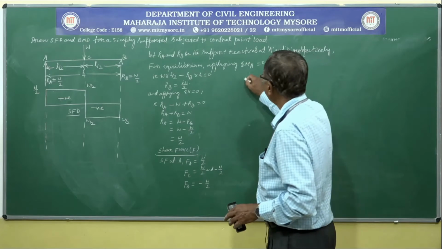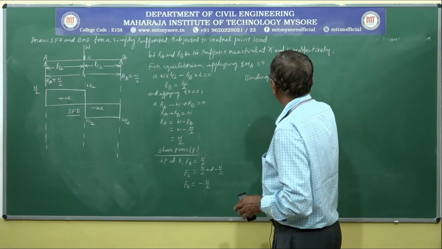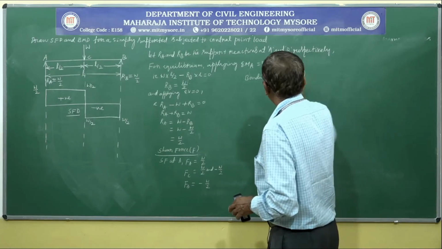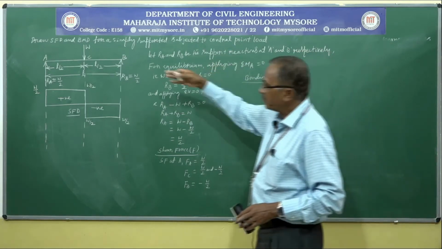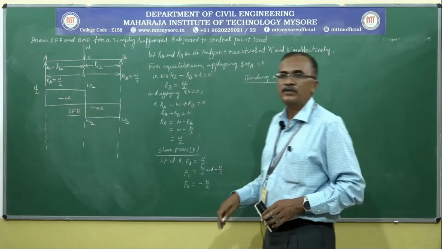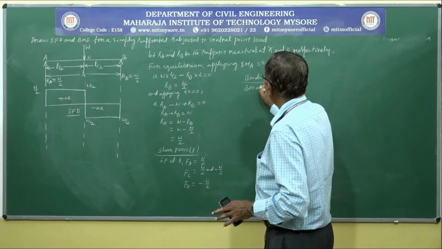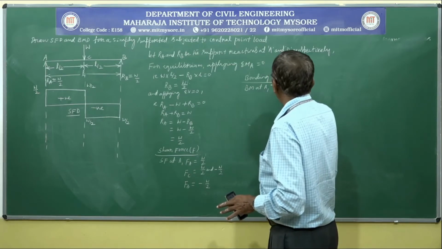Next, bending moment. Bending moment at A, by considering forces to the left hand side, no forces, no bending moment. MA is 0.